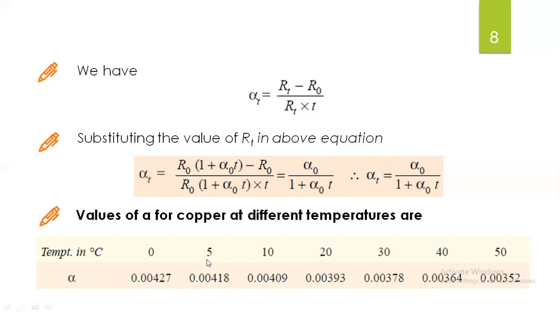As the temperature increases from 0 to 50 degrees Celsius, you can observe that the value of alpha decreases. It is inversely related. For copper at 5 degrees Celsius, alpha is 0.00418, at 10 degrees Celsius it is 0.00409, and up to 50 degrees Celsius, alpha is 0.00352.